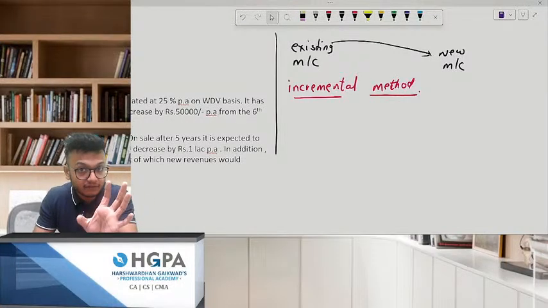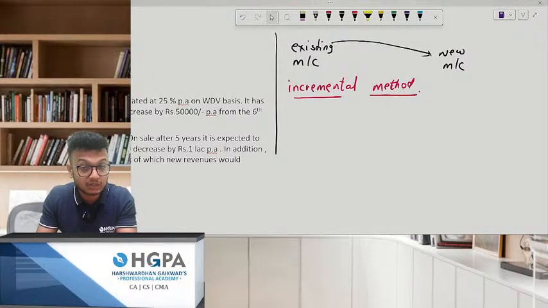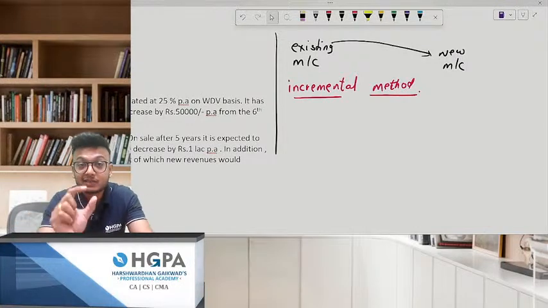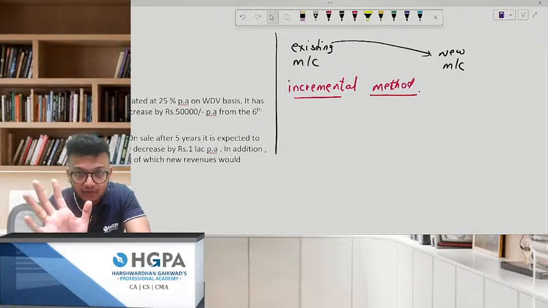There are 4 things which are very important for NPV: your outflow, your inflow, your discounting factor, and lastly your NPV, and your scrap also to some extent. All of these factors will be computed on an incremental basis. So what is incremental? It is new minus old. New minus old. It is only the middle figure. That is the incremental value.